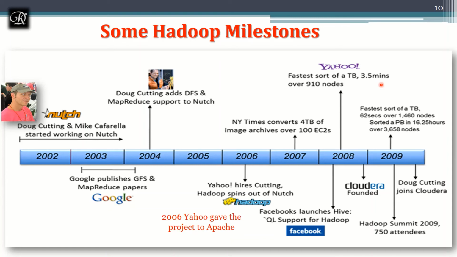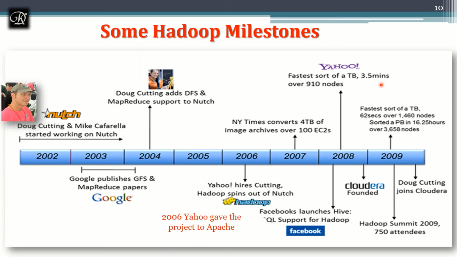I'll discuss these jargons, data nodes, name nodes, in the next video, but for the time being, just for a milestone, remember this is the thing which has made Hadoop popular. It can sort 1 terabyte of data in 3.5 minutes on 9-10 nodes.